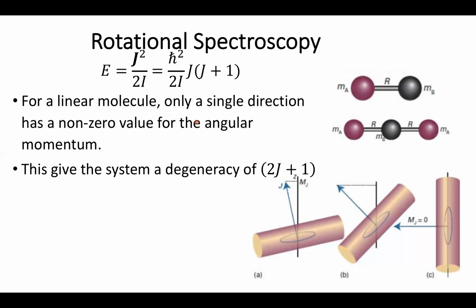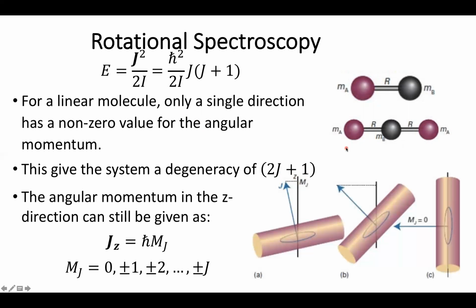As a result, the only big difference is we drop the degeneracy down to simply 2j plus 1. So reduced degeneracy for the more constrained rotation. Otherwise, most of the energy levels behave just the same. And again, we still have the same behavior of angular momentum in the z direction, still given by our angular momentum quantum number.